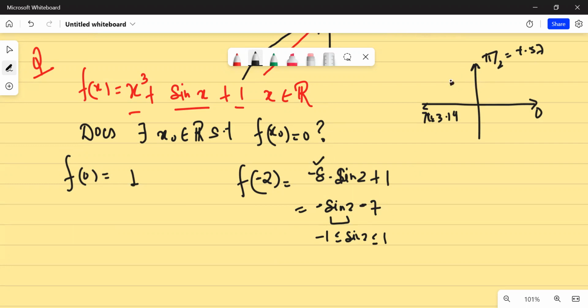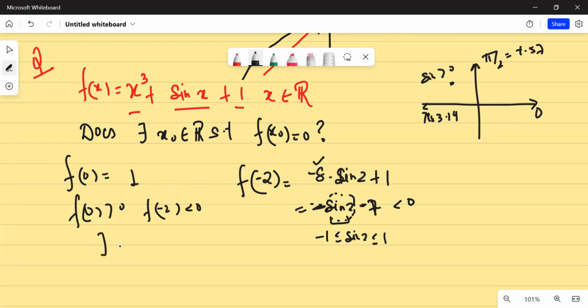What is the second quadrant? Second quadrant is where your sine is positive. So sine 2 will be a positive number. And there is a negative here, and there is again a negative 7. So it will be negative. Is that clear? So f of 0 is 1. f of minus 2 is less than 0. So f of 0 is positive and f of minus 2 is negative.